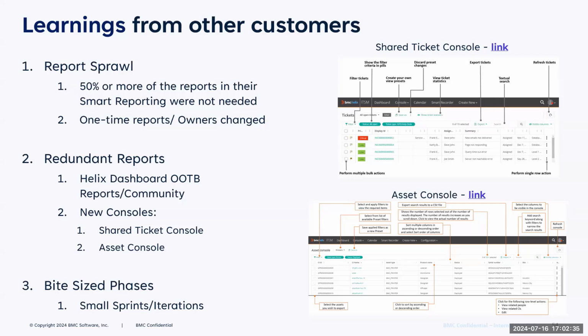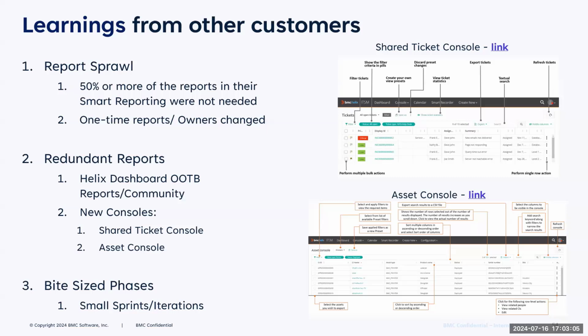Especially if they have a bunch of reports which are marked private, they are just lying there, nobody's using them. And in many cases, when the owner moves, even if the report was public, maybe they were just using it for their reference, and that's not needed by anyone else. So again, a good category candidate for eliminating from the migration list.